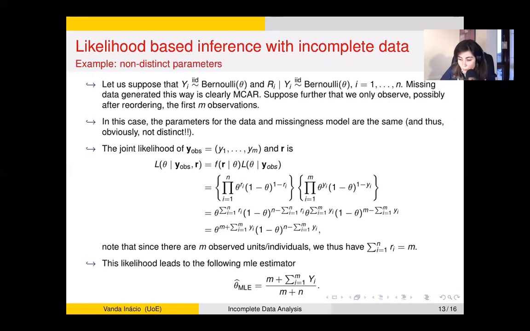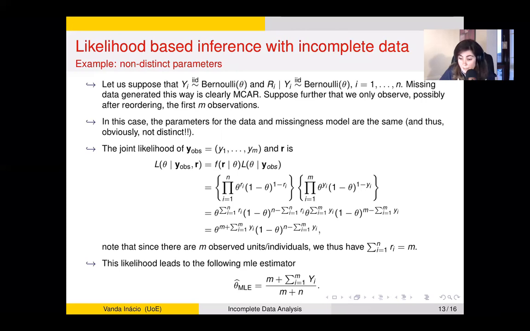And now we have here two examples, and we will empirically study what I have mentioned a few slides ago, that the assumption of data being missing at random is far more important than the assumption of the parameters of the two models being distinct.